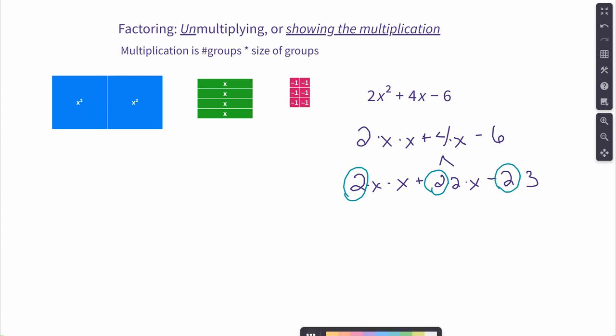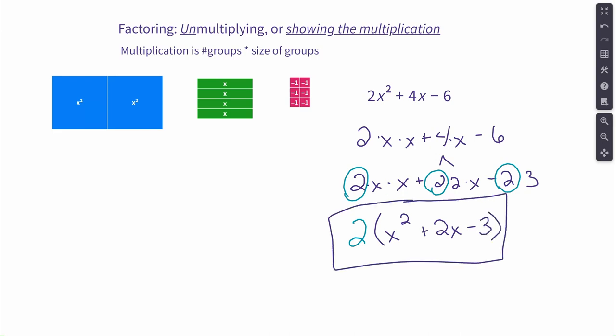So when we do this algebraically without our algebra tiles, what we're going to do is pull that 2 out. Let me make that teal. And then what we're left with in the first term is x times x, or x squared. The second term is 2x. And the third term is a minus 3.